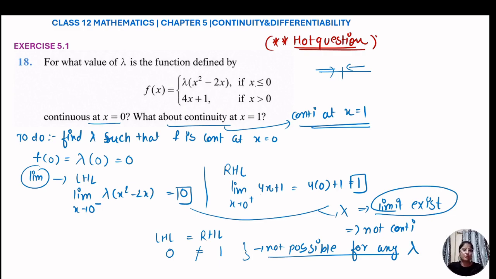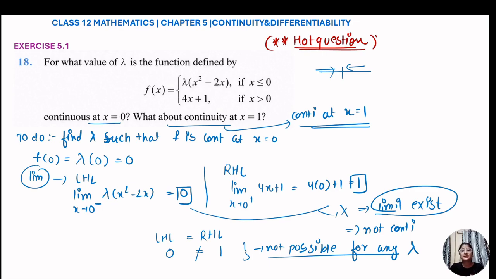And I have already told you about the continuity at 1; that is homework for you. So what I'm trying to say is that questions 17 and 18 are the same kind of questions, but asked in a different way. What you have to do is just use your basics, that is how to check the continuity of the function, and then find the relations. These are very basic, very important types of questions.